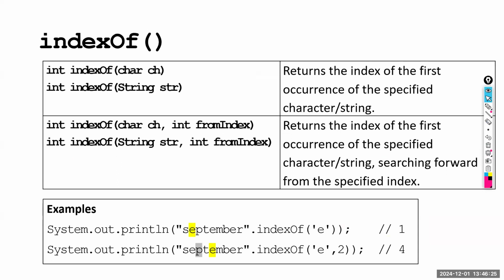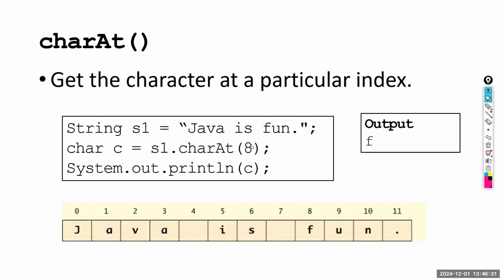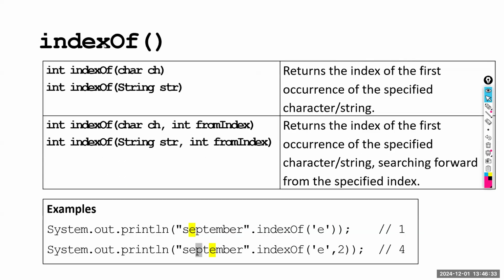So that is the charAt method. Another method is indexOf. So charAt, given the index, gives you the character. indexOf, given the character, gives you the index. So what is the index of this particular character? Okay. So this is an example.